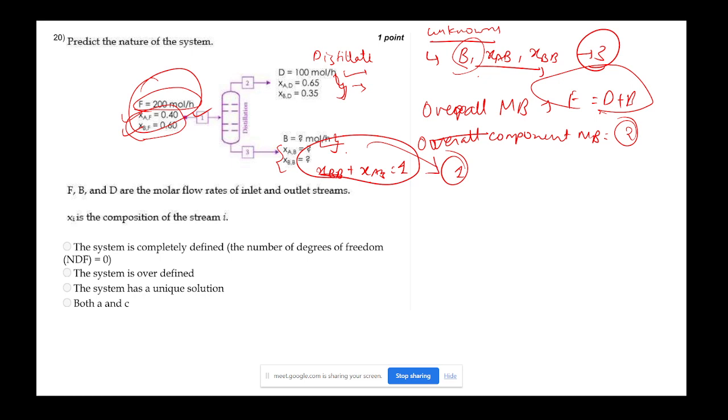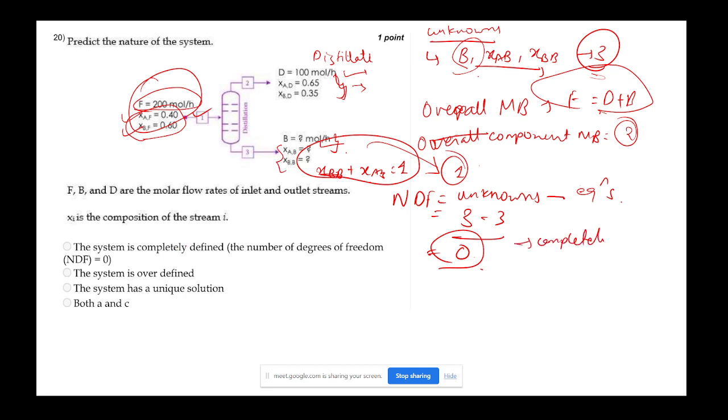So you have three unknowns and three equations, which means NDF equals unknowns minus equations. It means 3 minus 3 equals 0. NDF is 0 means it is completely defined with a unique solution.